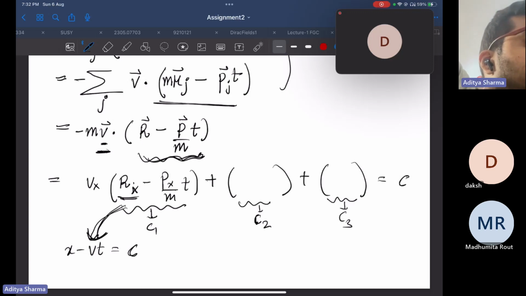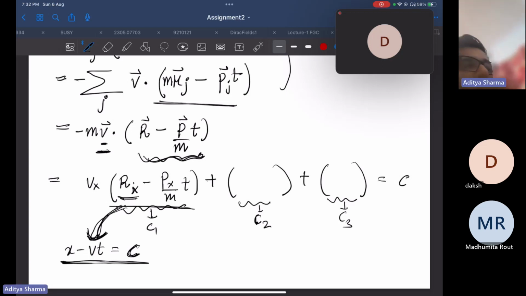If you take the position of each particle and do the same thing for each particle, you say x_i minus vt is equal to c_i, something like that. So this constant has the interpretation of initial condition.